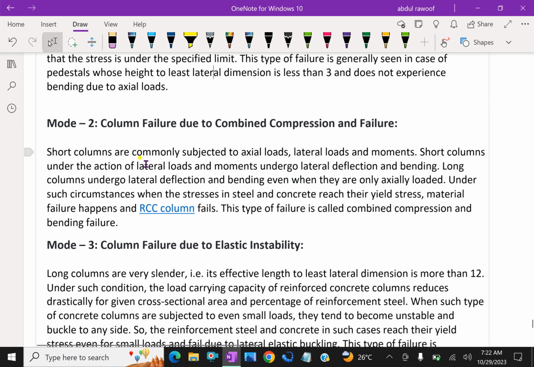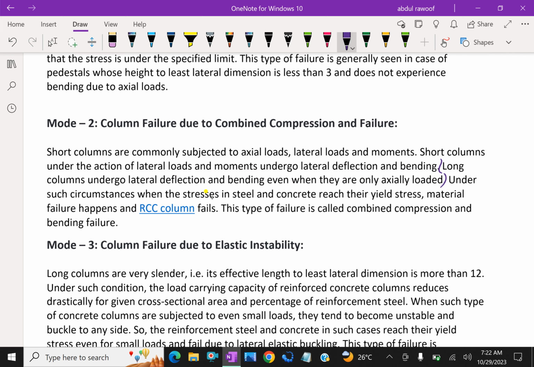Second case, column failure due to combined compression and bending. Short columns are commonly subjected to axial loads, lateral loads and moments. Short columns under the action of lateral loads and moments undergo lateral deflection and bending. Long columns undergo lateral deflection and bending even when there are only axial loads.